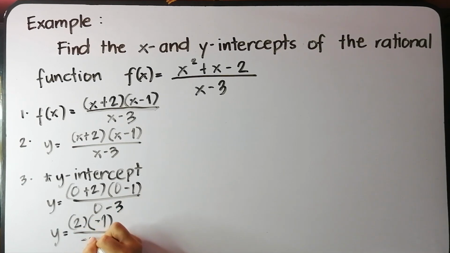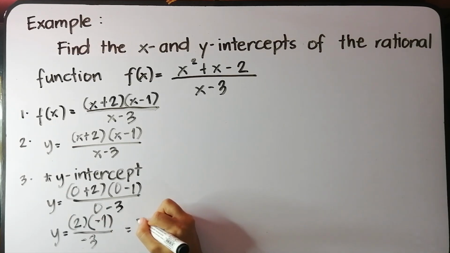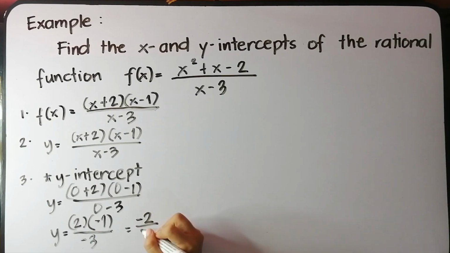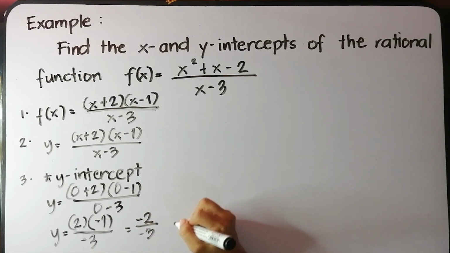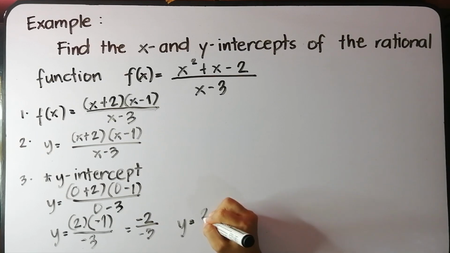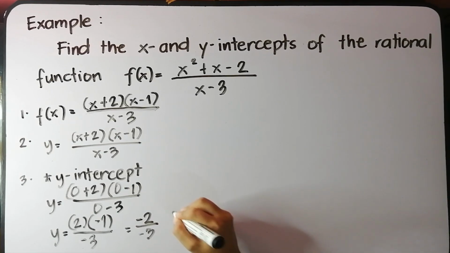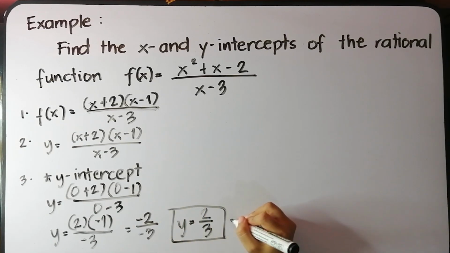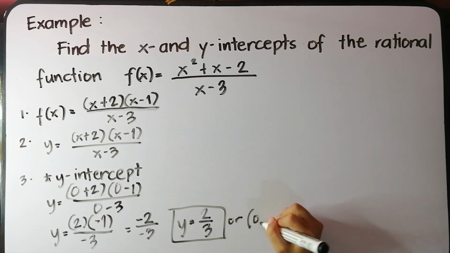That is positive 2 times negative 1, which is negative 2, over negative 3. So our y-intercept is negative 2 over negative 3, which equals positive 2/3, or in ordered pair form, (0, 2/3).